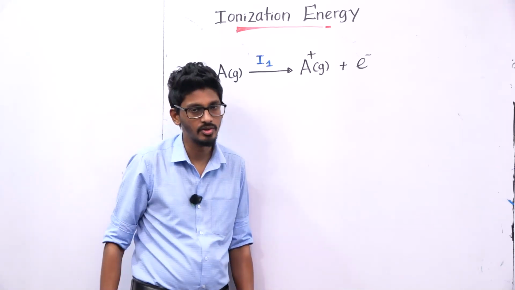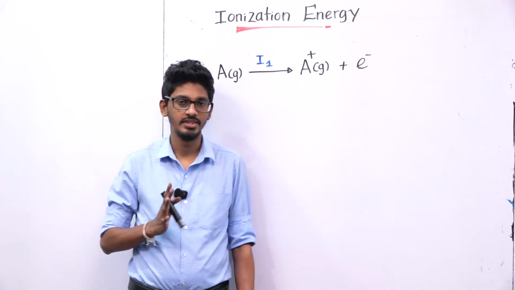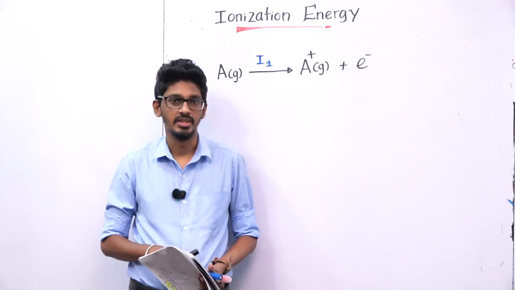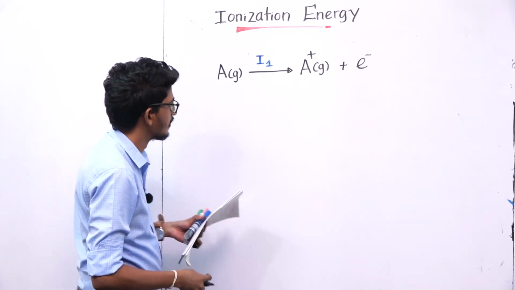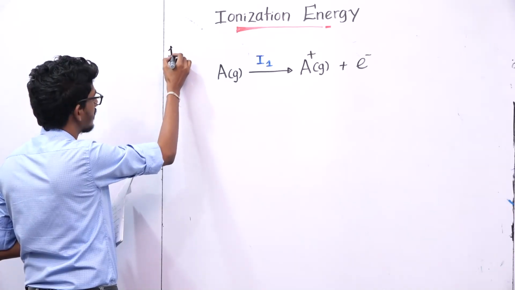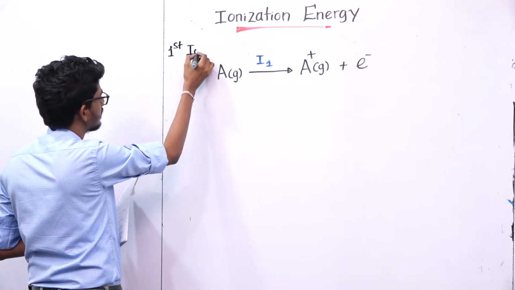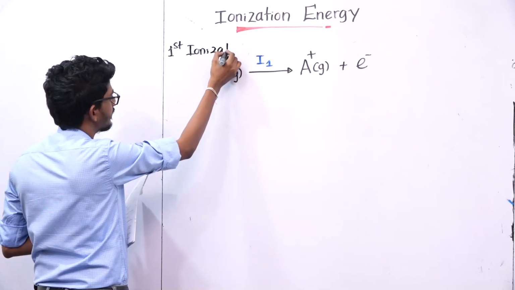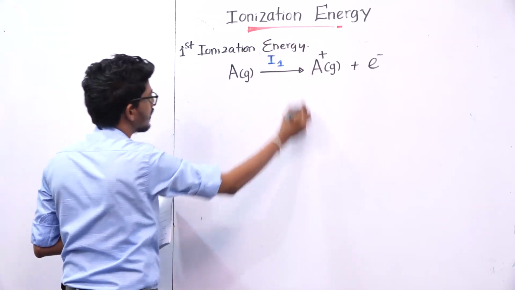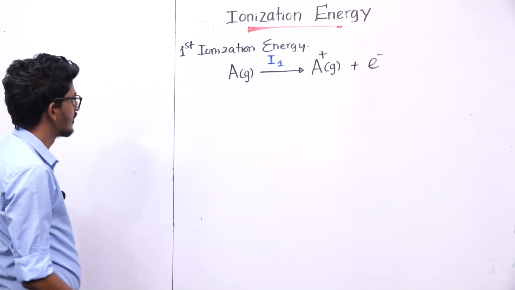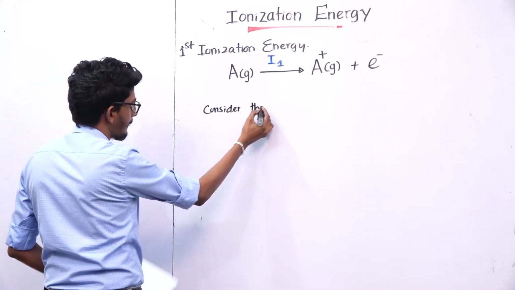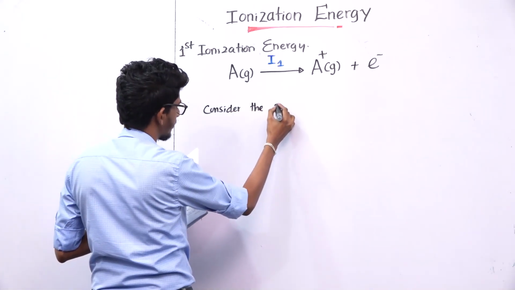The first discussion is about what happens to the first ionization energy when going towards the right of a period. Let's consider the second row elements.